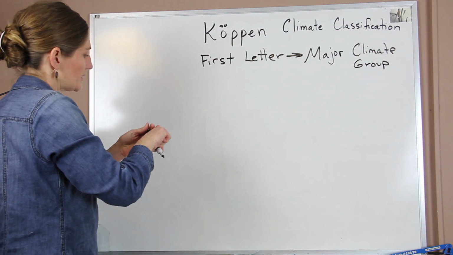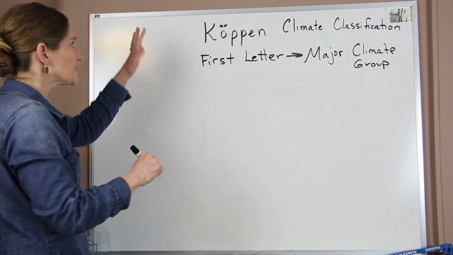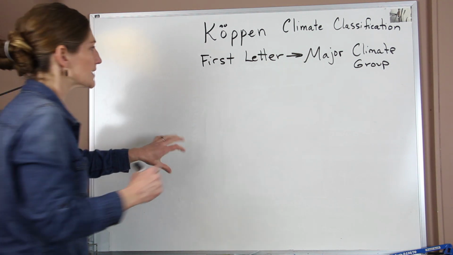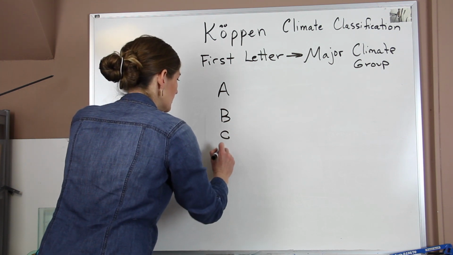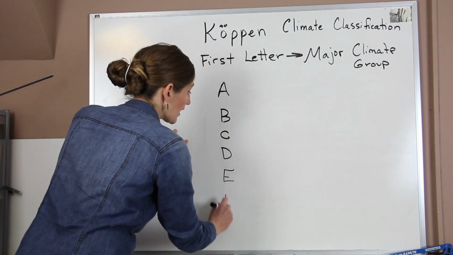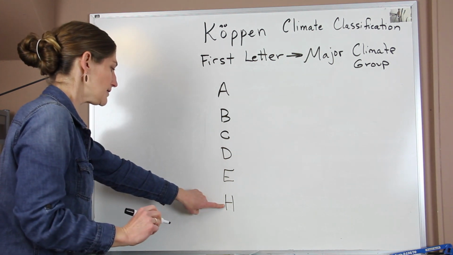There are 5 major groups, and in the modified classification, we add a 6th one. So it's A, B, C, D, E, and then the extra one is H for the highland.